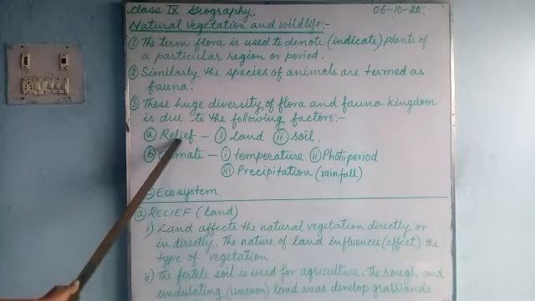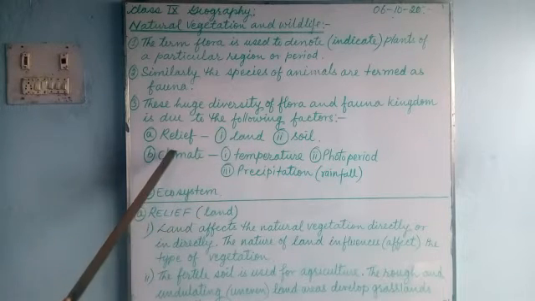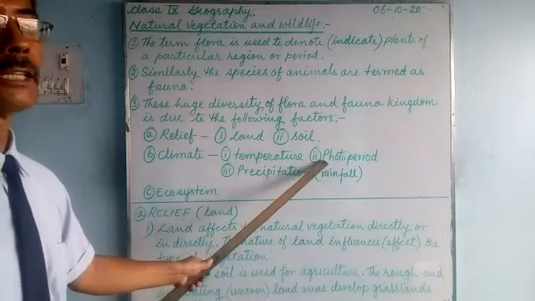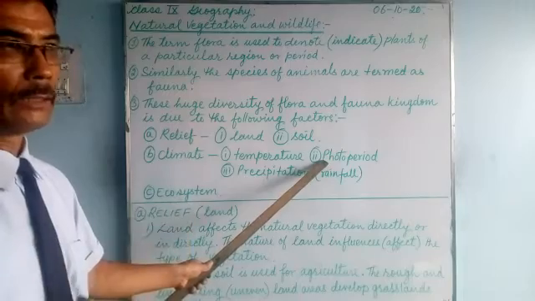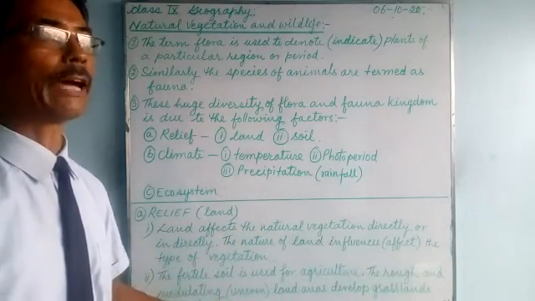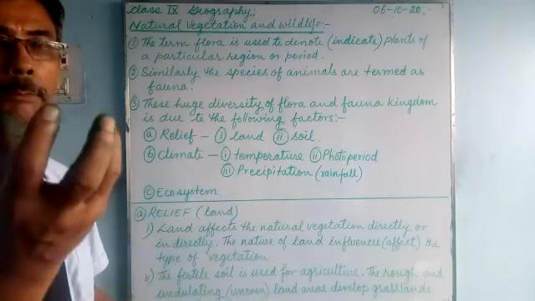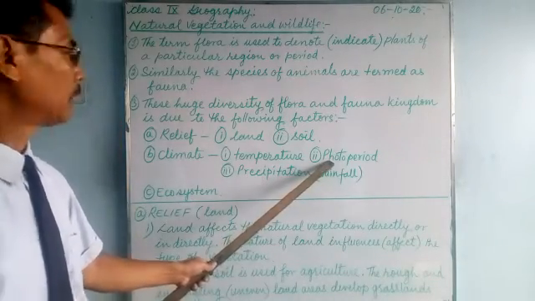Relief means land and soil. Climate includes temperature and photoperiod, which means for how long the plant will receive sunlight. Especially in the plain areas we have a longer period, but in the mountainous areas they have a shorter period of sunlight.